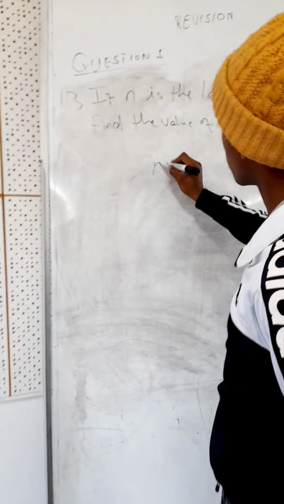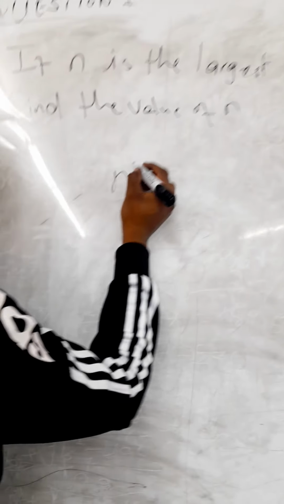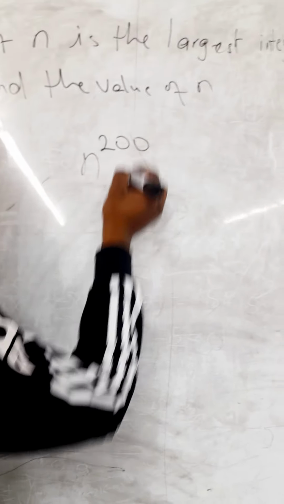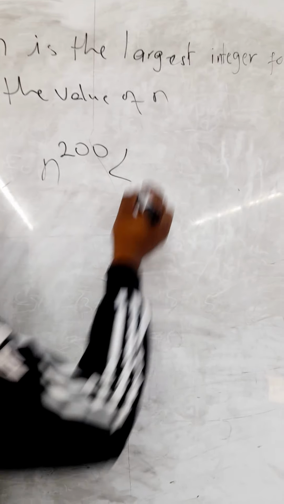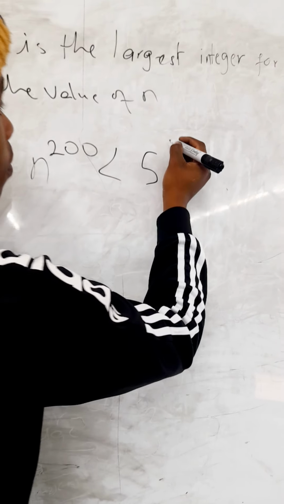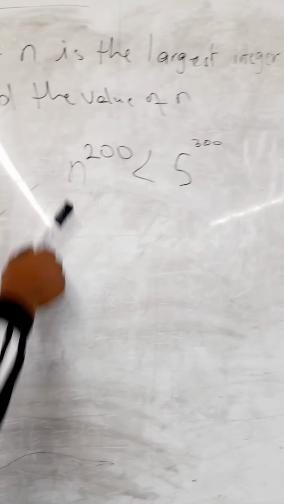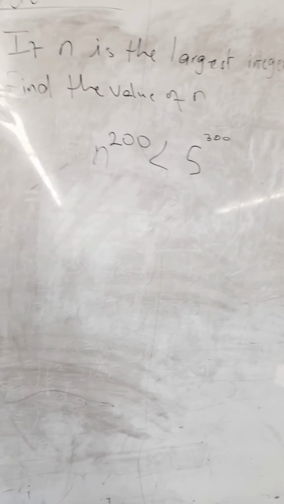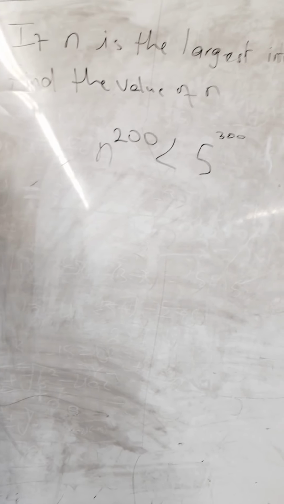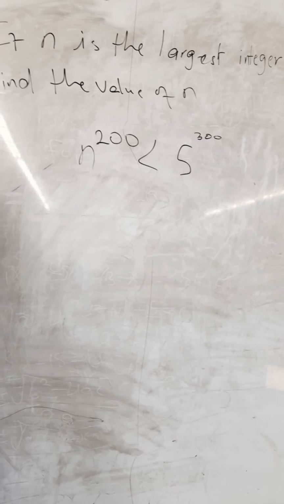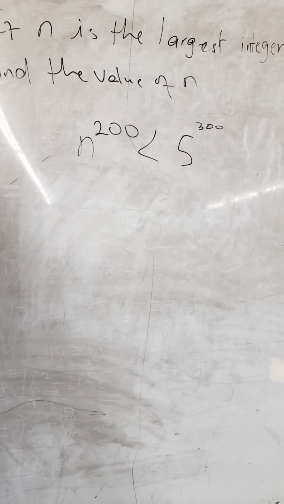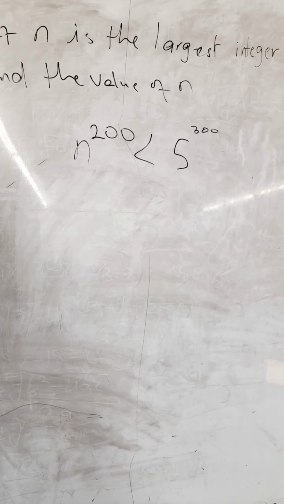So here we have n to the power of 200 less than 5 to the power of 300. We're told that n is an integer. So how can we solve this?